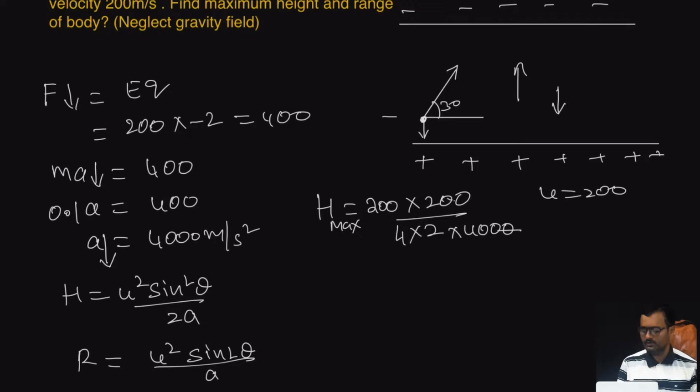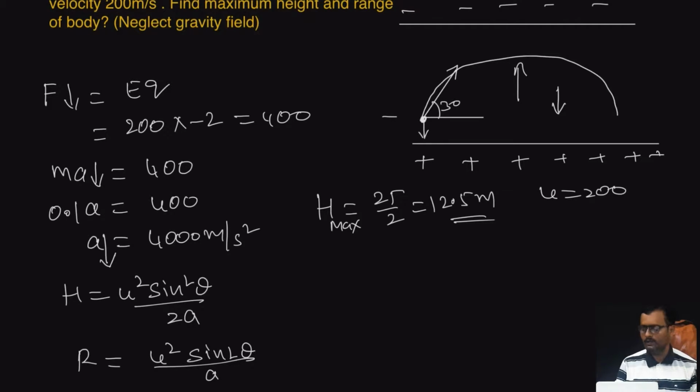Two zeros cancel, and one more zero cancels, then 4 fifties are, so 2 twos are 25. So 25 by 2, that is 12.5 meters. So the maximum height for this parabola is 12.5 meters.